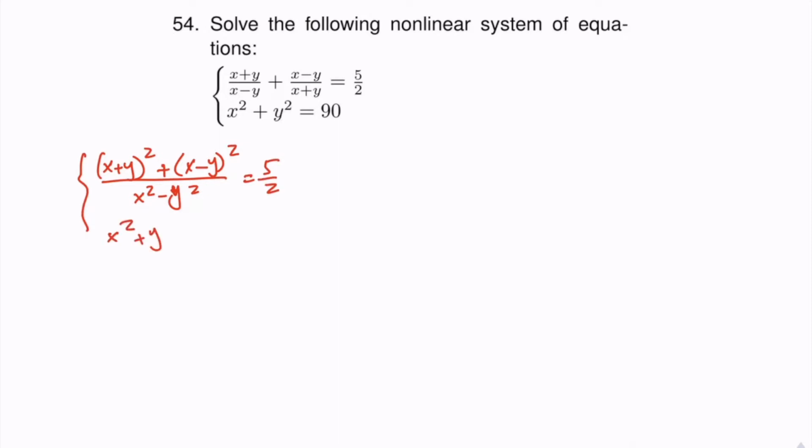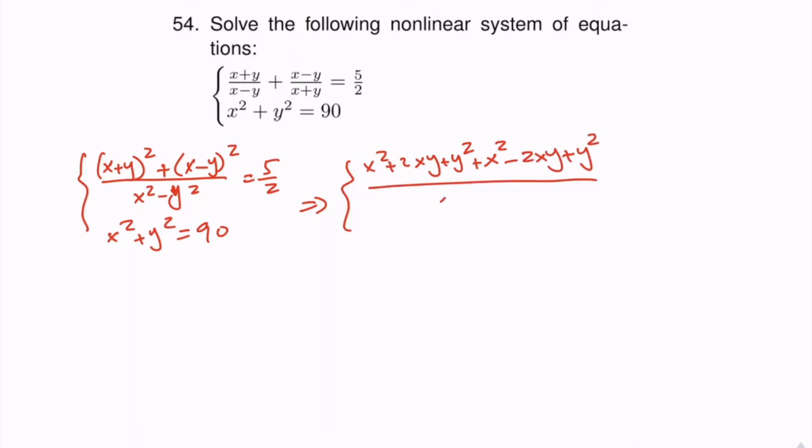x squared plus y squared is 90. And then we can write this as x squared plus 2xy plus y squared plus x squared minus 2xy plus y squared divided by x squared minus y squared is 5/2, and then x squared plus y squared is 90 is our second equation.